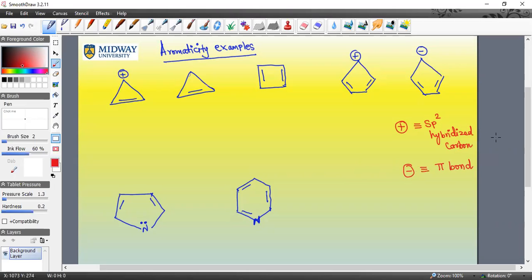Does that make sense? All right. I guess those are the only two things. And then a lone pair of electrons is also equal to a pi bond. If you know these three, chances are you're not going to have any problems with this concept.